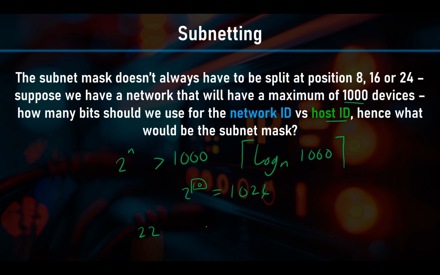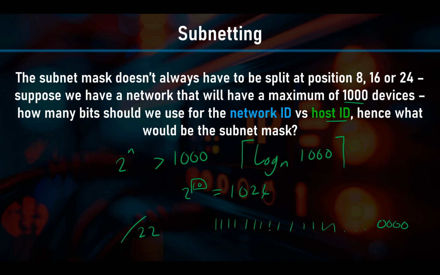So effectively, if we're writing CIDR notation, it's going to be /22. However, if we're writing it as a subnet mask, that's going to be 22 ones, and then finally 10 zeros at the end.